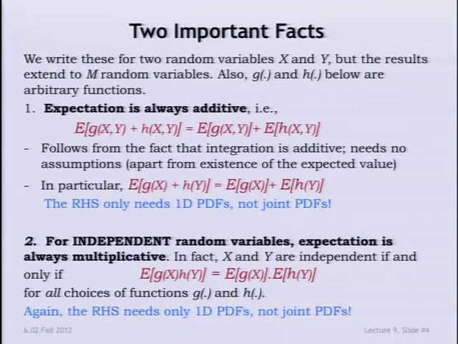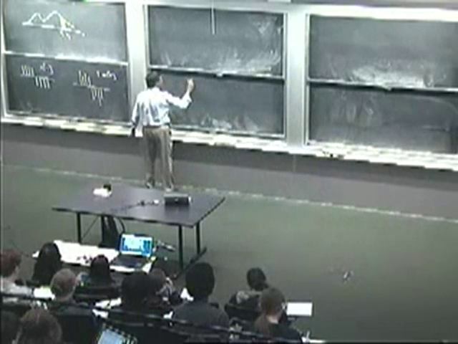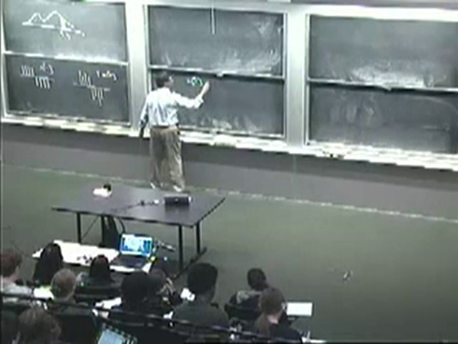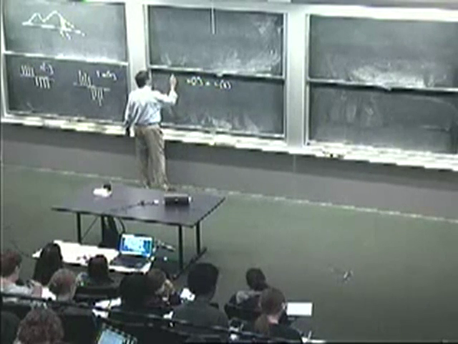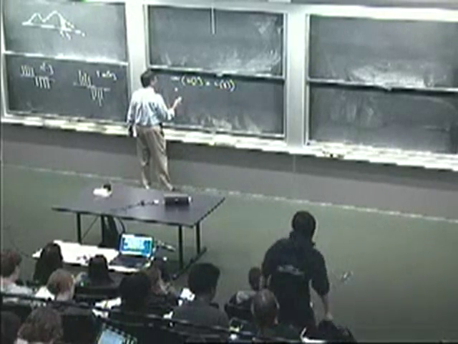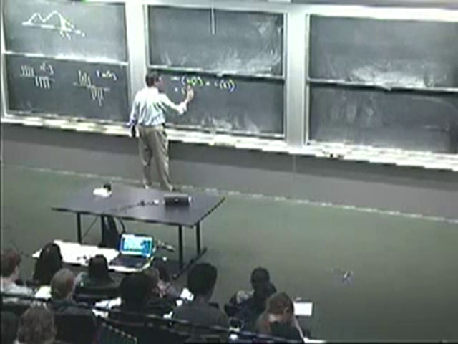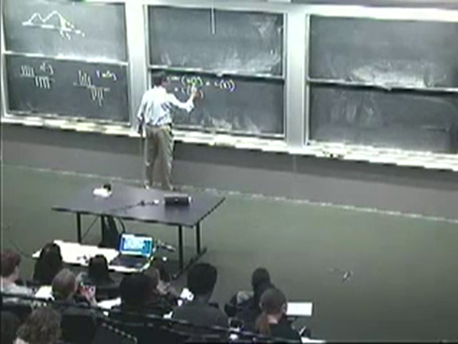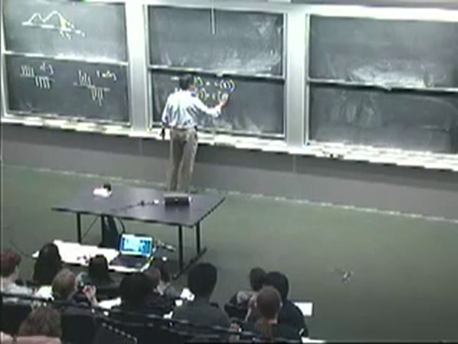For instance, when you're computing the variance of, let's say, W1 plus W2, this is the zero mean case, so you'll find that you're computing the expected value of W1 squared, and then the expected value of W2 squared.